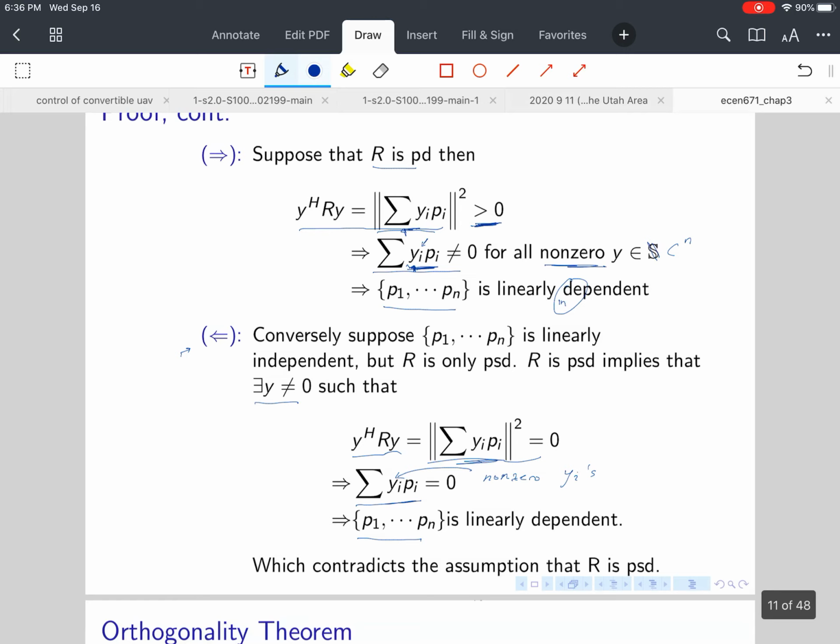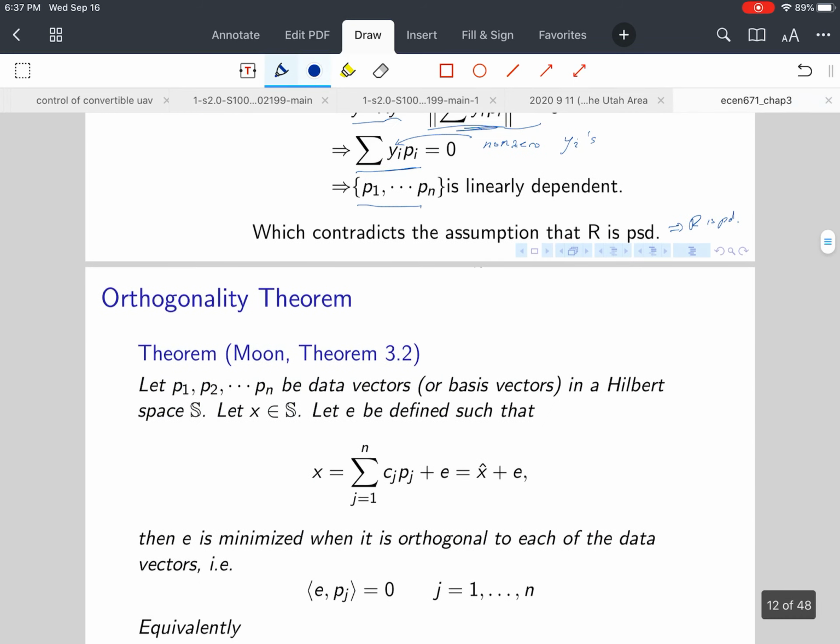So we had the assumption that these things were linearly independent but R is only positive semi-definite, and this contradicts that fact. So in fact, R can't be positive semi-definite, which implies that R is positive definite.